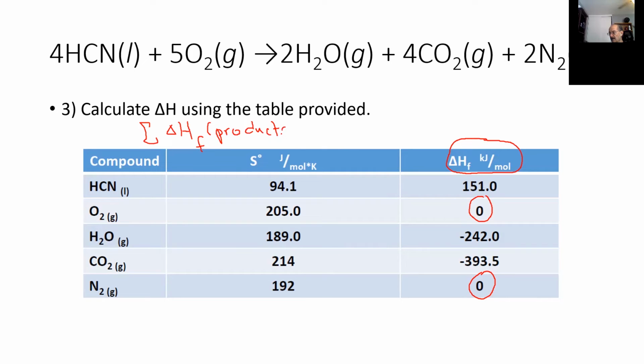Because these are what are called properties of state, you don't really care how the reaction proceeds. You don't care about the mechanism of the reaction itself, because all you care about is where you started and where you finished. And as long as you have the correct starting and finishing points, we should be okay.